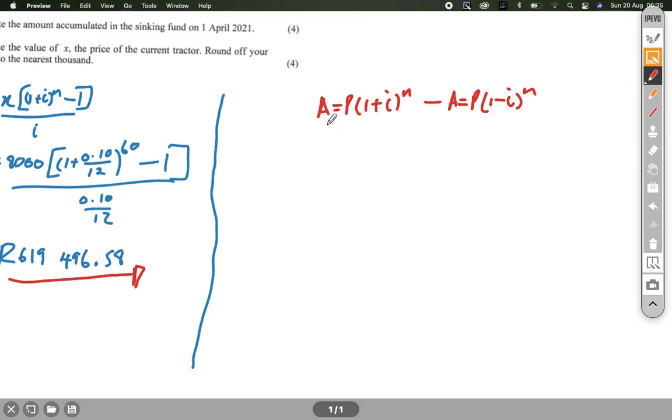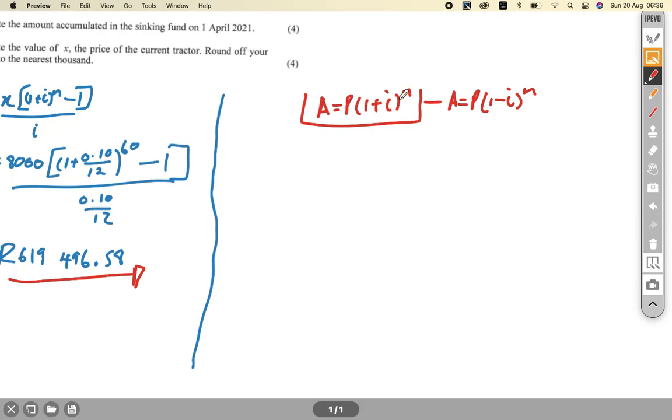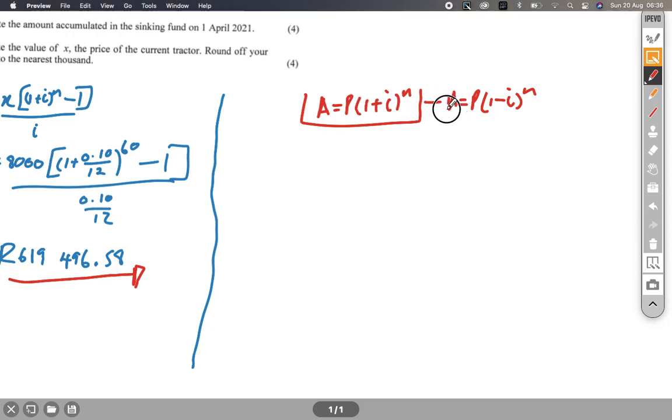We would take the price at which the new tractor accumulates to after 5 years, and then minus the value of the tractor after 5 years.